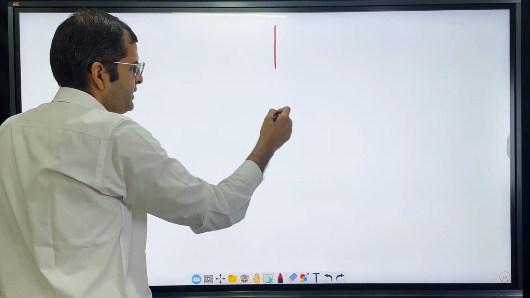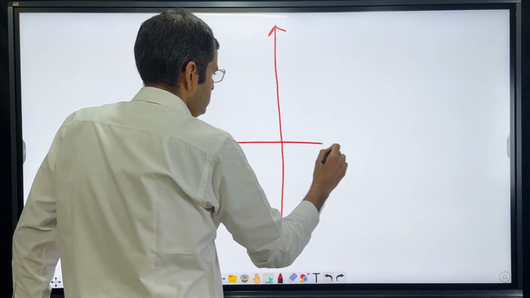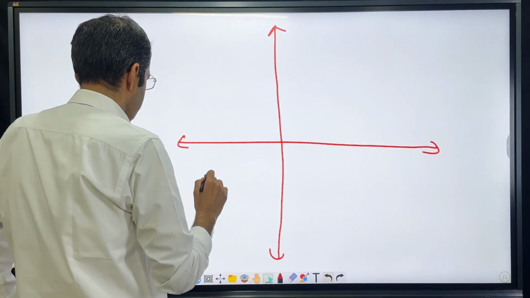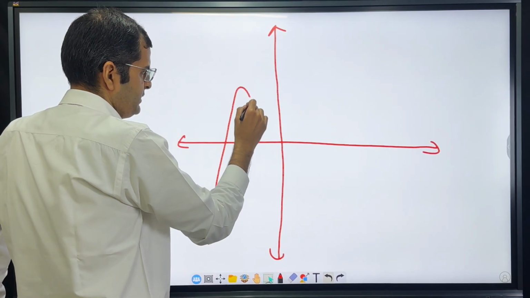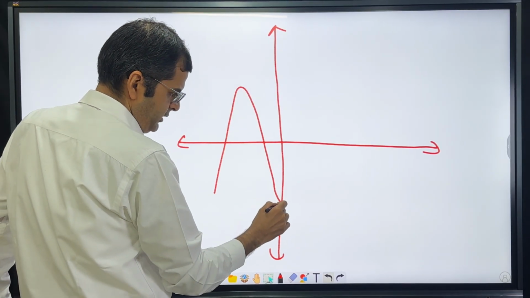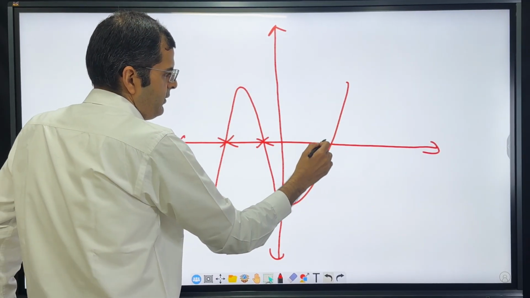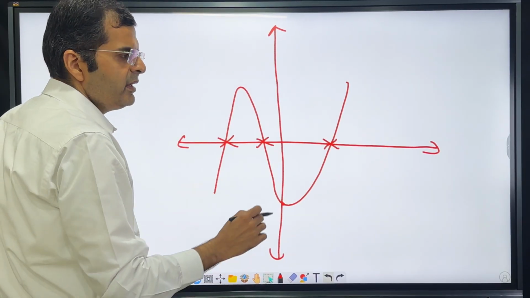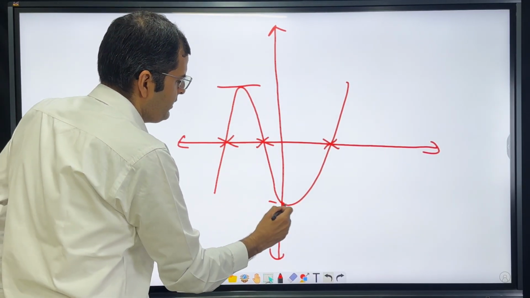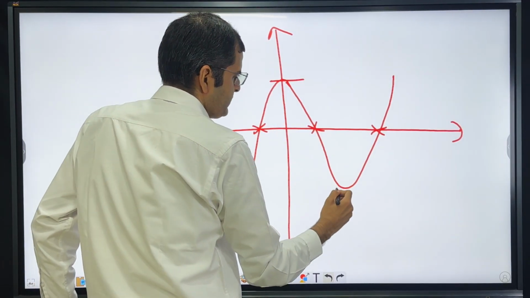The other possibility is that the graph goes like this and the turn is happening here. Still I have three roots. At x equal to 0 I have f dash x equal to 0 also, which means the slope here is parallel to x-axis.